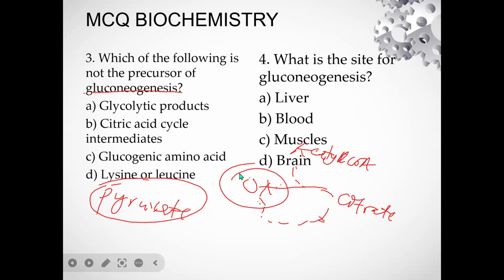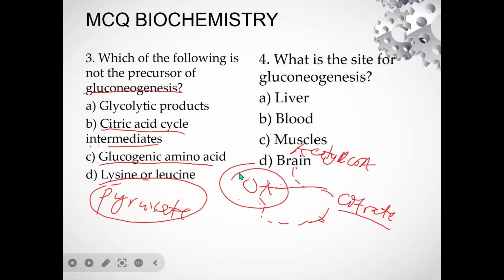So it means that any intermediate between citrate and oxaloacetate can be involved in the generation of oxaloacetate. And of course, in the previous questions, we saw how oxaloacetate plays a central role in gluconeogenesis. So therefore, citric acid cycle intermediates are precursors of gluconeogenesis. And here, option C says gluconeogenic amino acids.